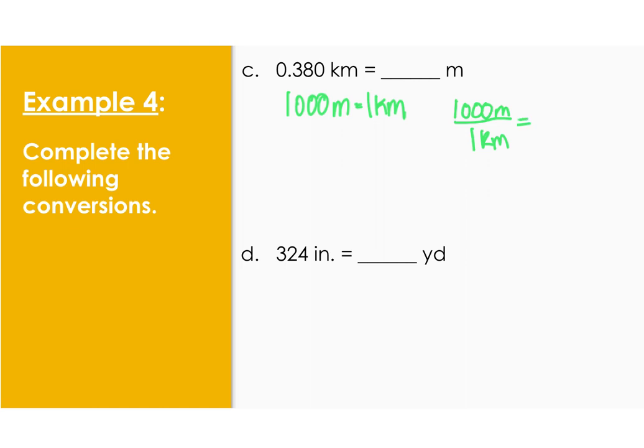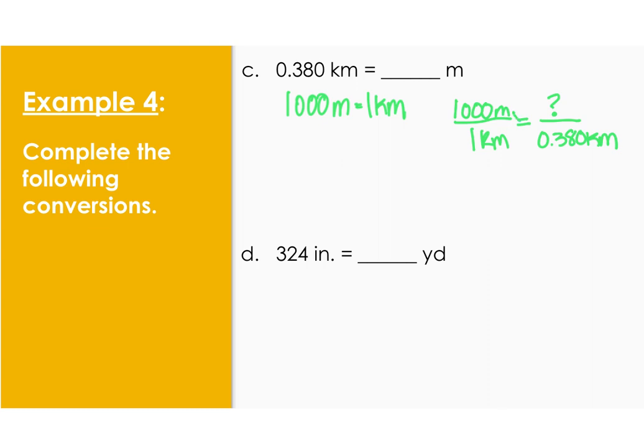And that is going to equal, if meters are on top, I need meters on top as well. So that's going to be your question mark because we don't know that. And then we have 0.380 kilometers on the bottom. And we're actually going to solve this the exact same way we solved with the percents.